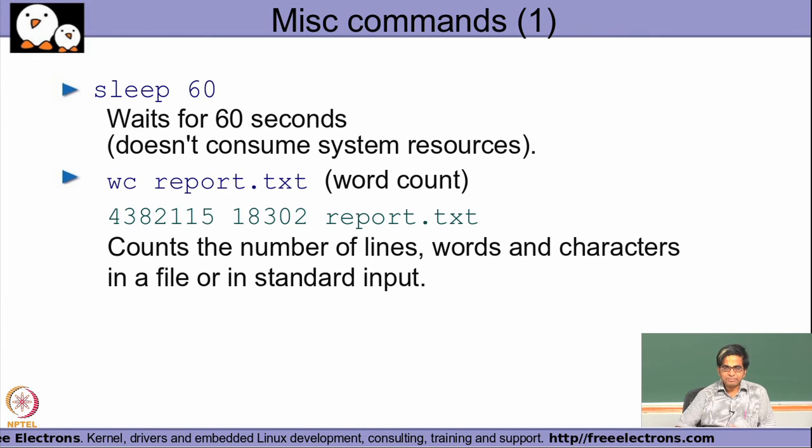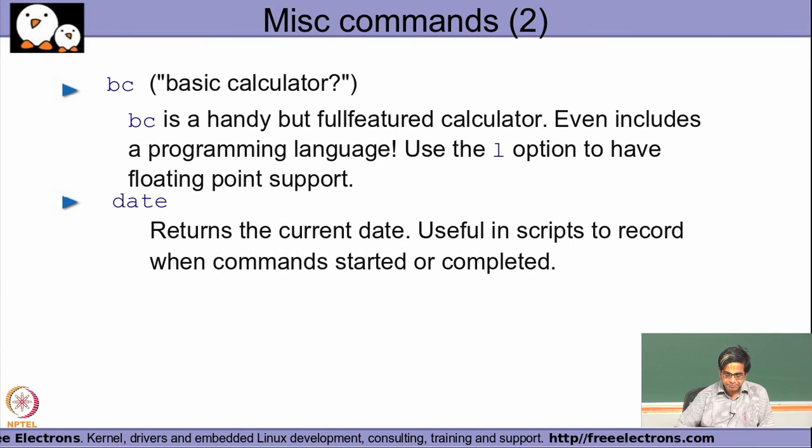So, it has the capability to print the number of words, the number of lines, and the number of characters along with the file name that you have given as an argument. In a scenario where you would want to know this kind of information apart from just knowing the size of that file alone, the wc command comes in handy, right.